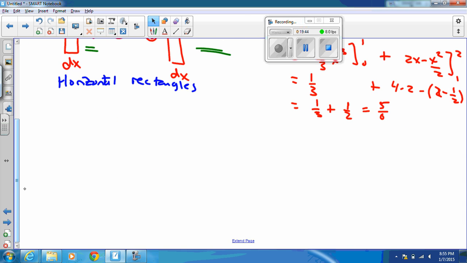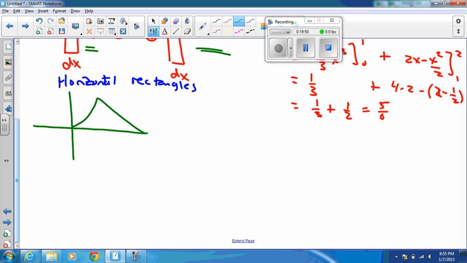If I do horizontal rectangles, now something really nice happens. Let me make a copy of our curve so that I'm not making it too messy. If I do horizontal rectangles, then the height of each rectangle is dy.